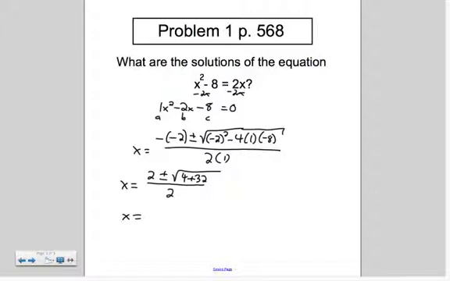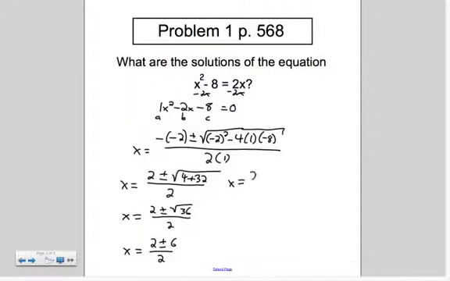So x equals 2 plus or minus the square root of 36 over 2. The square root of 36 is 6, so 2 plus or minus 6 divided by 2. And you have to split this into two scenarios.